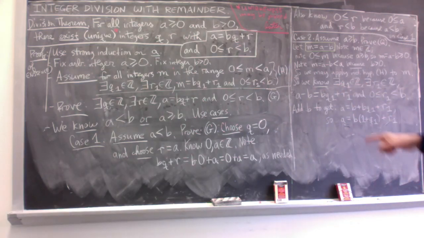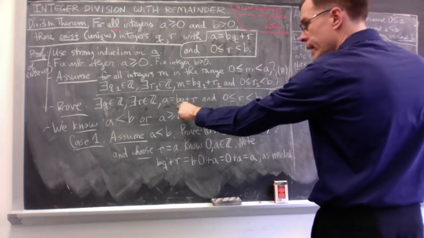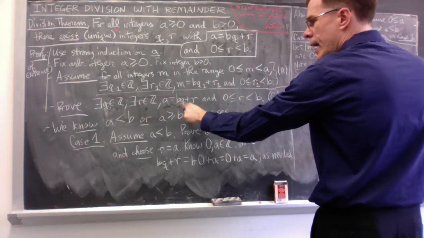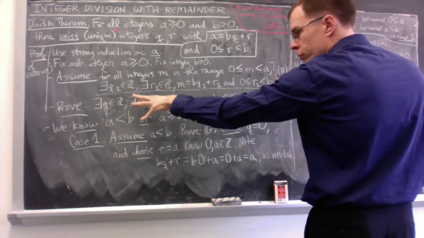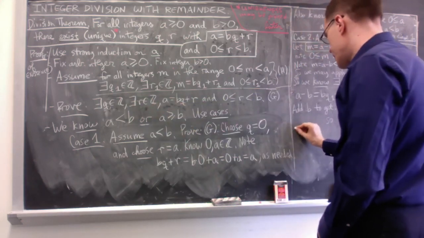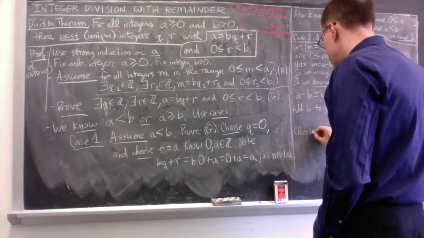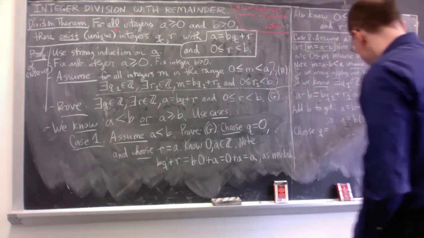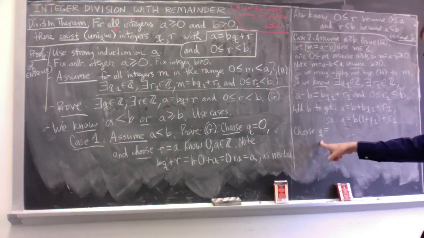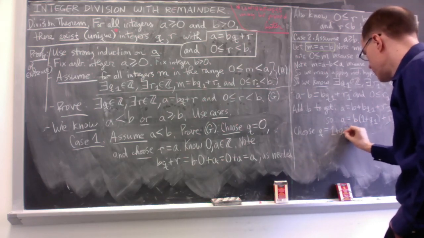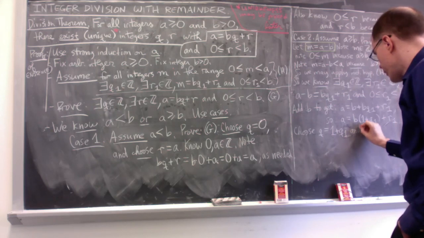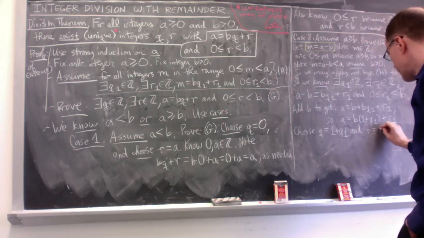Well, now, comparing to what I need here, I get to pick q and r as the proof writer. I can choose an example that depends on previous constants. And now it should be evident from here, what do I have to choose? The final quotient, the one for a, is going to be 1 plus q1. And the remainder for a, r, is going to be r1.